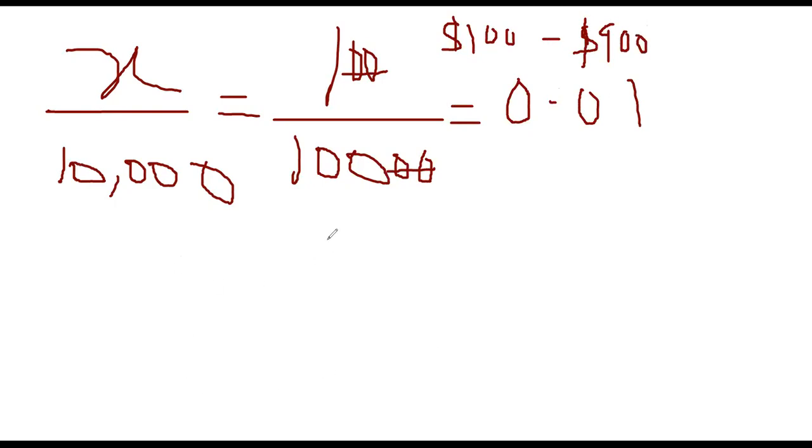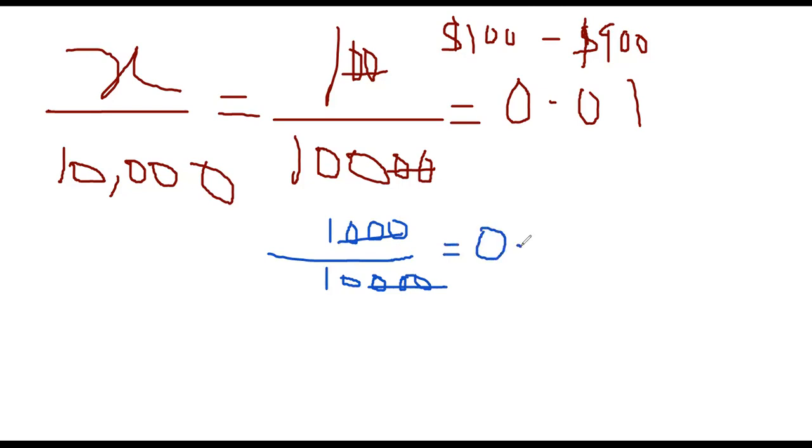Now, for a mini lot size, it is when you have 1,000 divided by 10,000. Zeros cancel zeros. 1 divided by 10 is what? 0.1. So if this is micro, then this is what? Mini lot size.